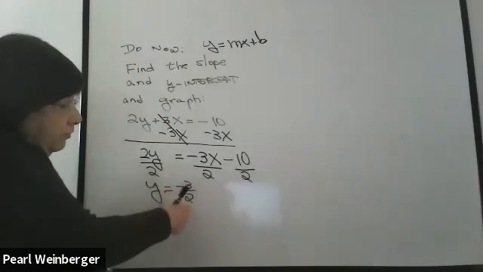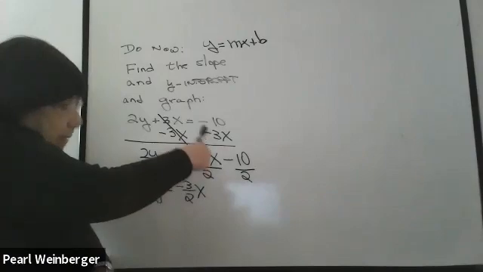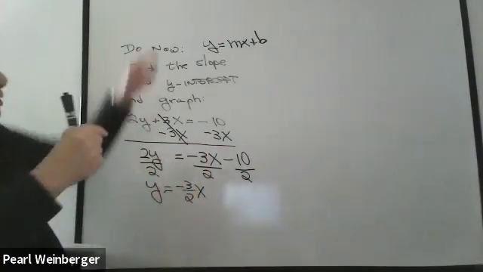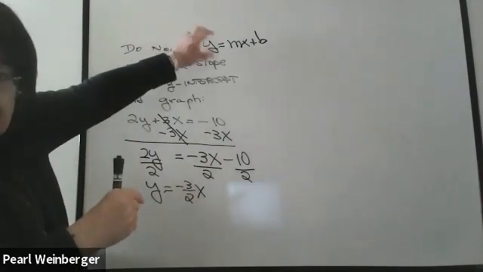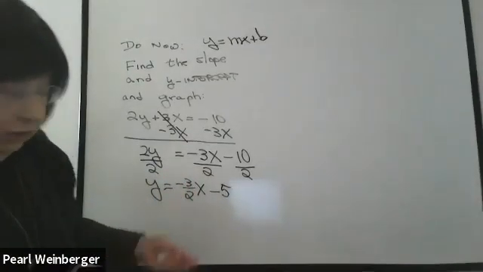Negative 3x over 2. Okay. I like to put the negative 3 over 2 separate from the x. The x can be on top or it can be next to it. The reason I do that is because it looks more like the setup. Okay, and what do we have over here? Negative 5. Okay. So now you have your y in the slope intercept form.